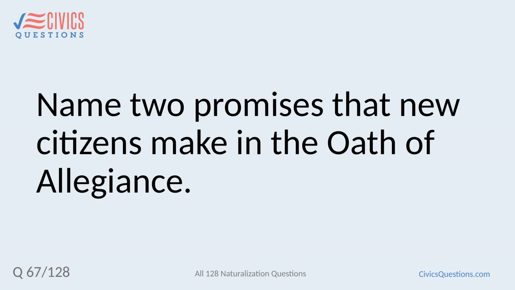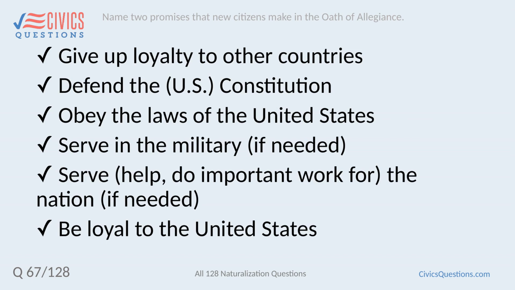Name 2 promises that new citizens make in the Oath of Allegiance. Give up loyalty to other countries. Defend the U.S. Constitution. Obey the laws of the United States. Serve in the military if needed. Serve, help, do important work for the nation if needed. Be loyal to the United States.